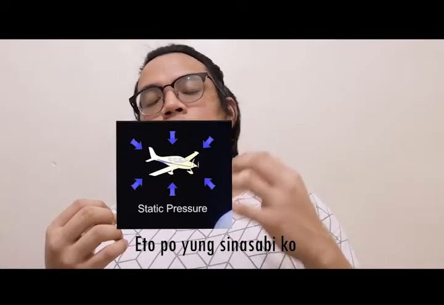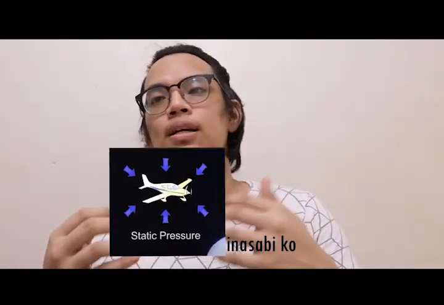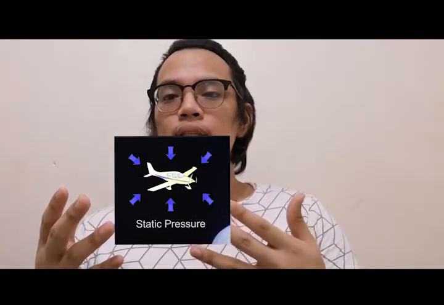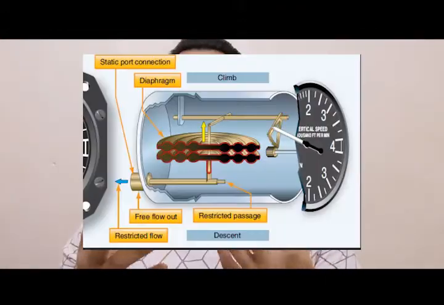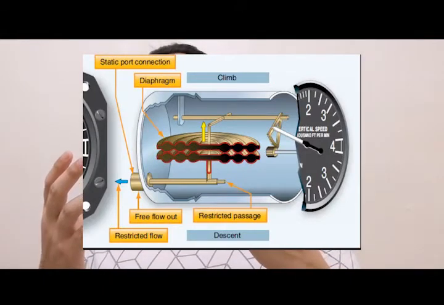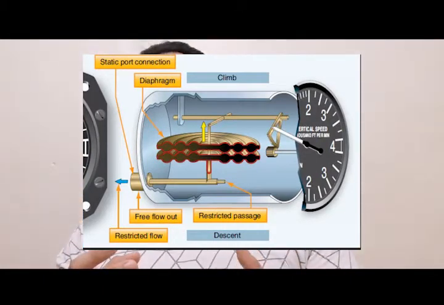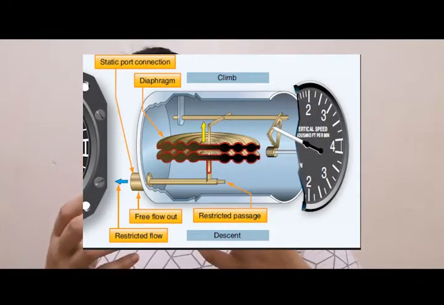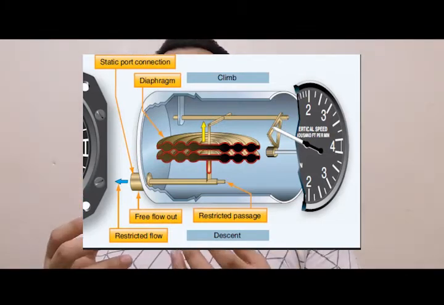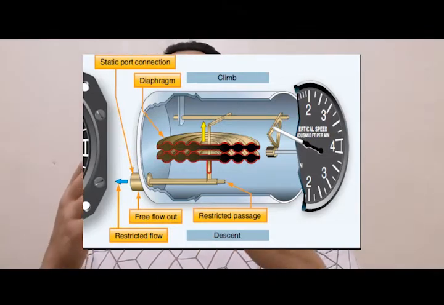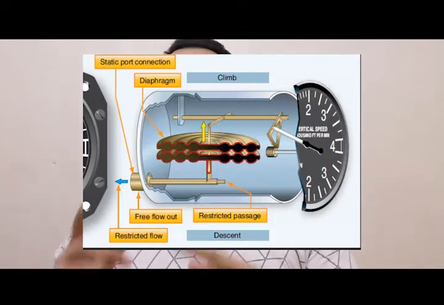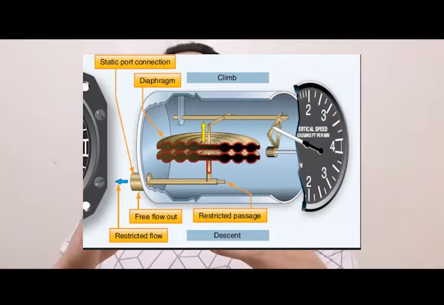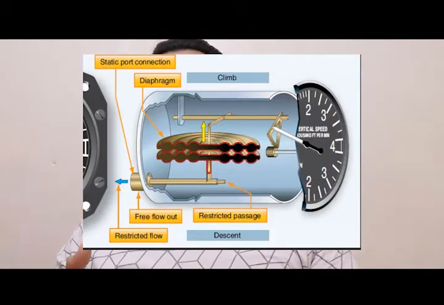The static port measures the static pressure that's coming in, and the altimeter has an aneroid inside, which measures the pressure. That aneroid is connected with gears that are connected to the pointer that indicates the pressure.